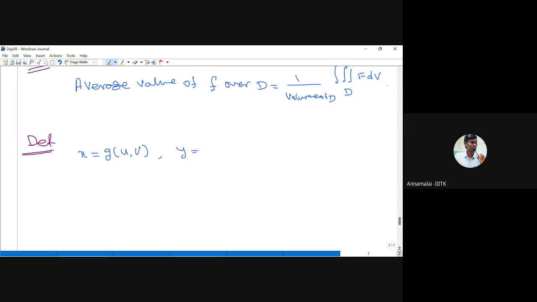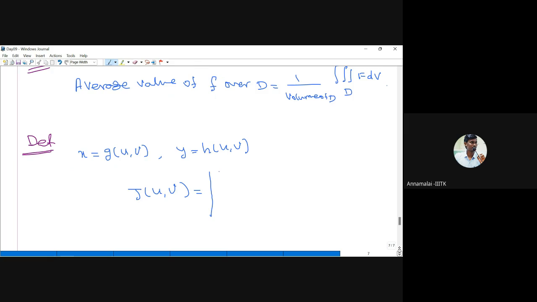Again, y also some function of u and v. Okay. Now, what is the Jacobian of these 2 functions u and v? You can just denote J of u comma v is nothing but the determinant of the matrix.